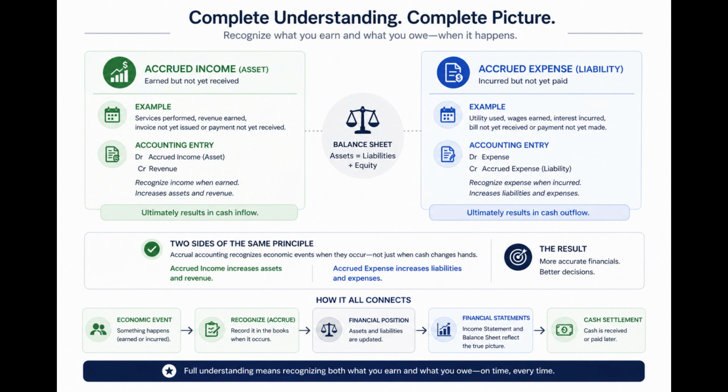Accrued income, assets, that's when you are faced with a timing difference between receiving your paycheck and earning the income. And now accrued expenses, which are captured in the creation of that account payable or that utilities payable liability. You're not tracking bills, you're modeling reality. Most people track cash, and now you understand financial truth.